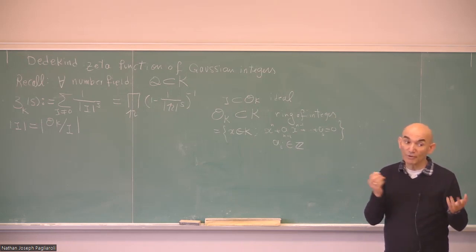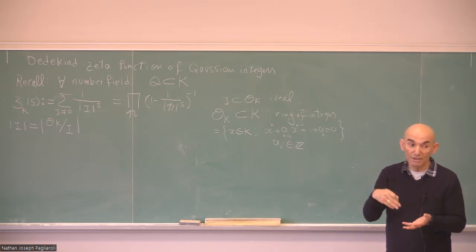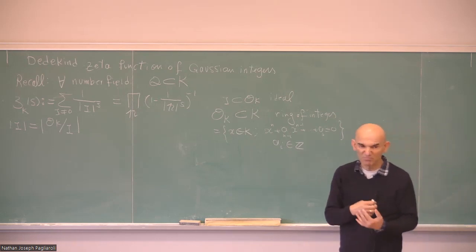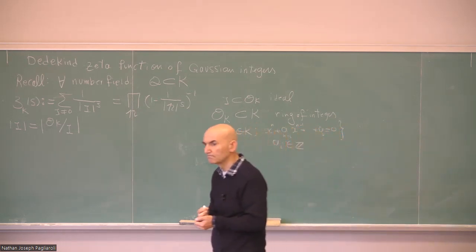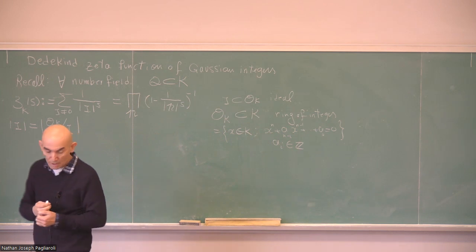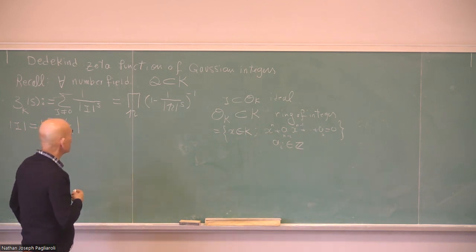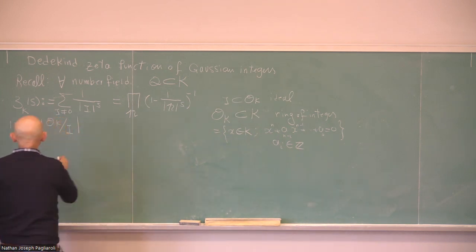So in that case, for K you don't need monic, but to be algebraic you need monic, right? So, yeah.